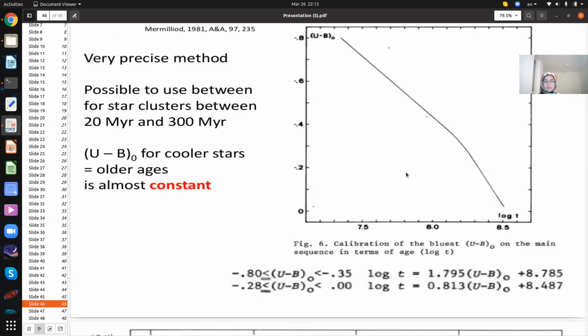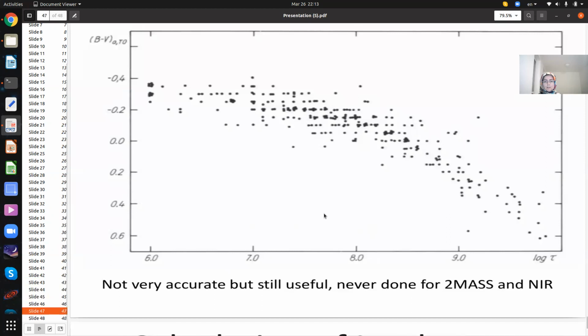U minus B0 for cooler stars, and for older ages it is almost constant. Also here, it is not very accurate, but still very useful. It is a very old diagram and never done for 2MASS and near infrared.